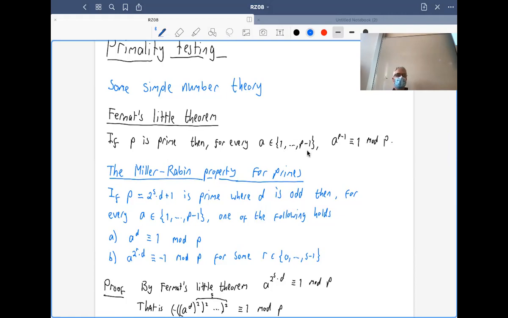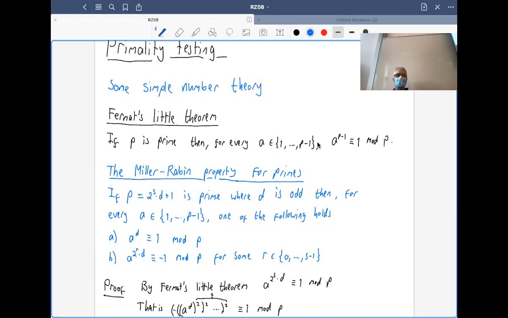I'm not going to prove this. It's not very difficult to prove. Essentially, you can prove it if you know that the integers modulo P form a field, and therefore the numbers from 1 to P minus 1 under multiplication are a commutative group.